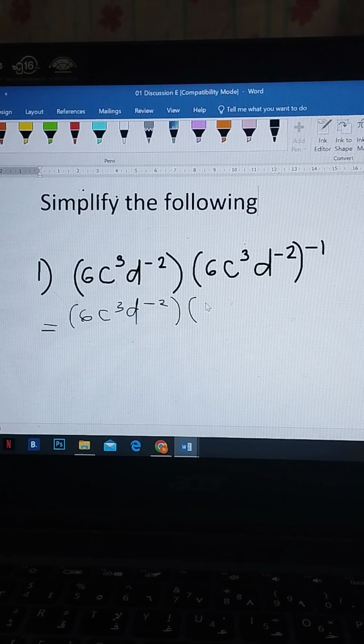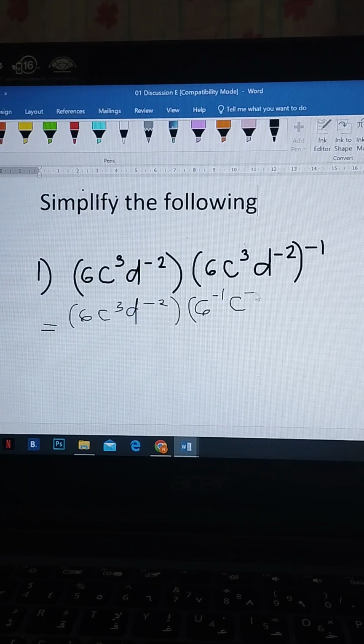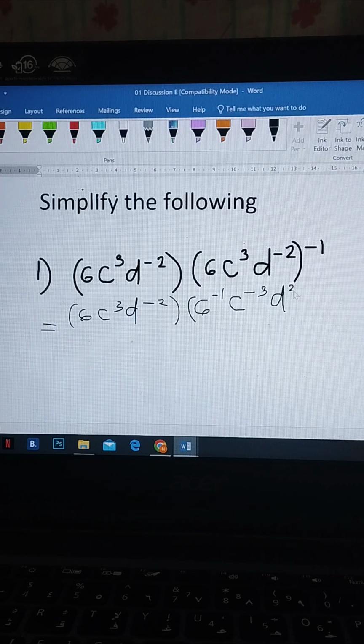So that becomes 6 raised to negative 1, c raised to negative 3, then d raised to positive 2.